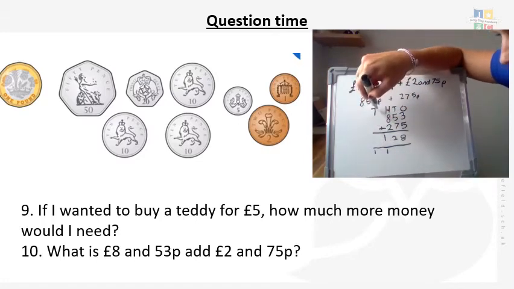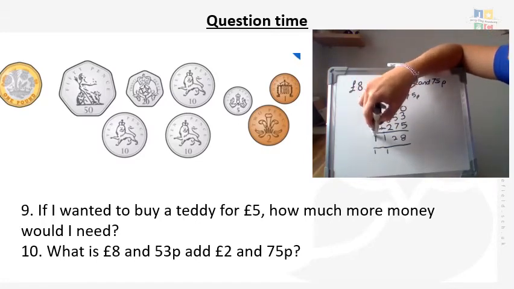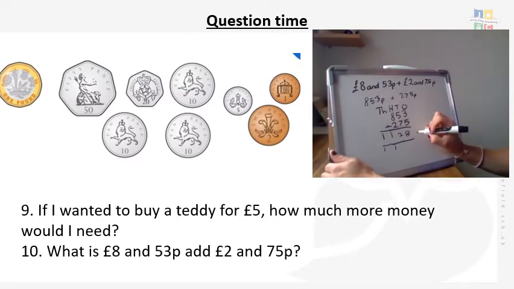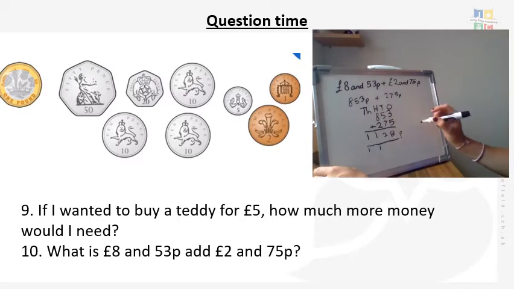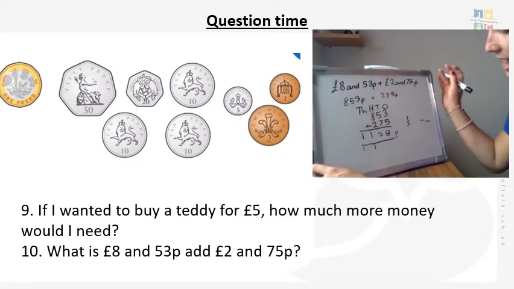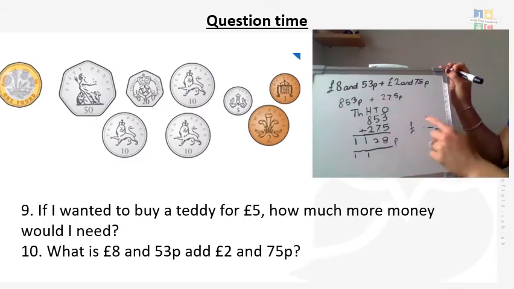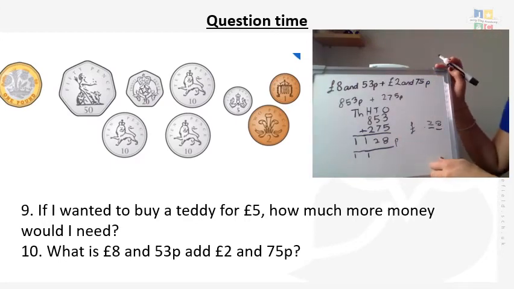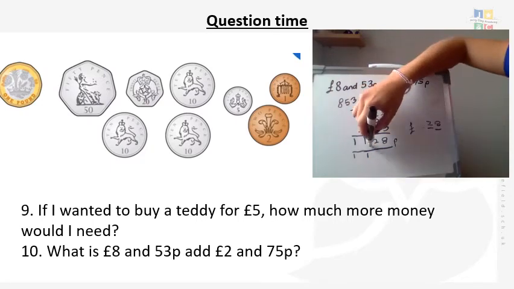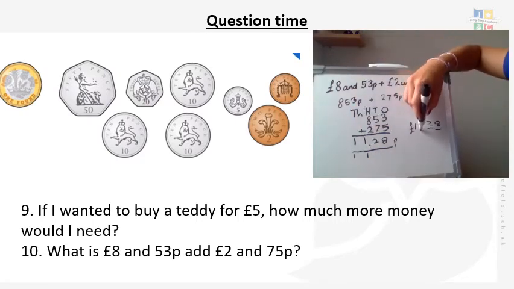And then obviously there's nothing in my thousands column, so just add my extra 1 and I have 1,128 pence. Now remember, when we are converting this back into pounds, I must have two numbers after my pence sign. So the final two numbers, I will have 28 pence, and then whatever is before it, I would put before, so I would have £11 and 28 pence.